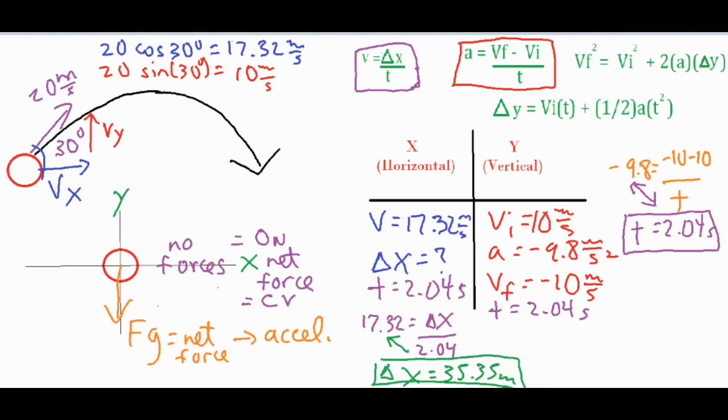All right, so to sum things up, as the projectile is moving along, remember, because there's no forces in the horizontal direction, this Vx is going to maintain that same 17.32 meters per second of velocity that entire time. For the vertical velocity, it starts off at 10, but it's going to progressively shrink to nothing at its peak.